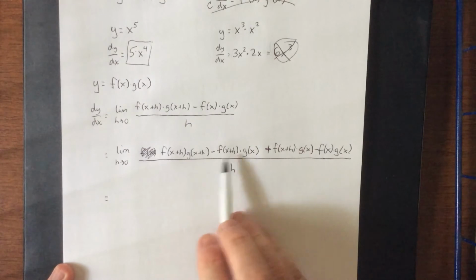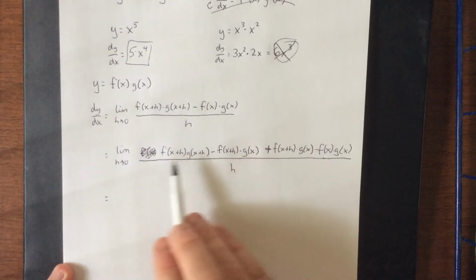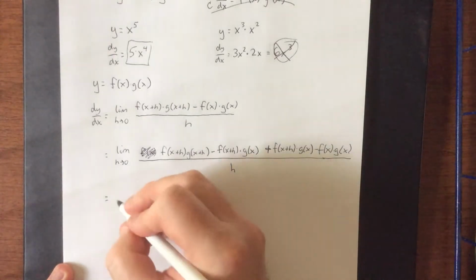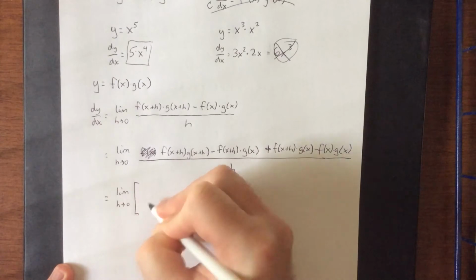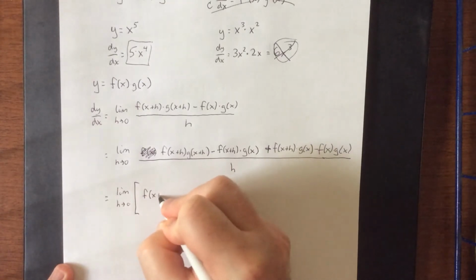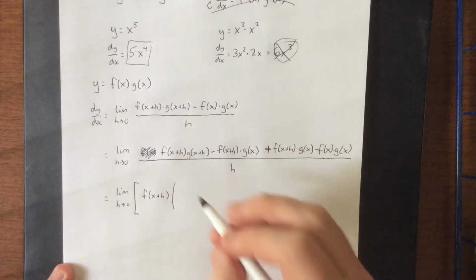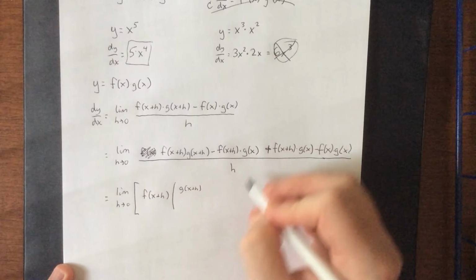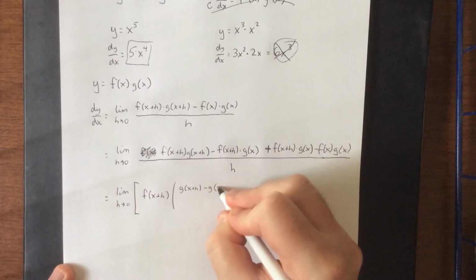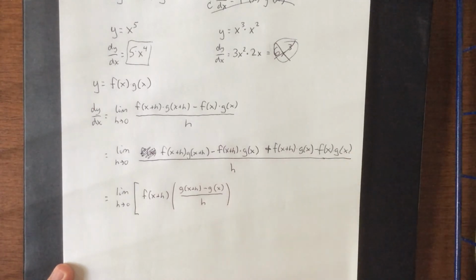You'll notice that with these first two terms, though, they have a factor in common. The factor in common that they have is f of x plus h. So we're going to call this the limit as h goes to 0 of. I'm going to factor out that f of x plus h, and I'm going to copy down everything else that's there. Well, that would be g of x plus h from the first term minus g of x from the second term all over h.